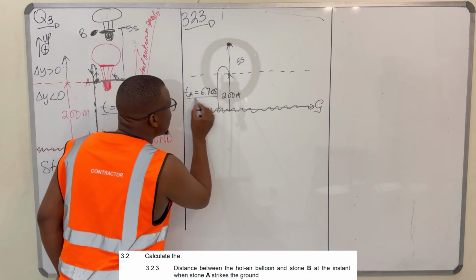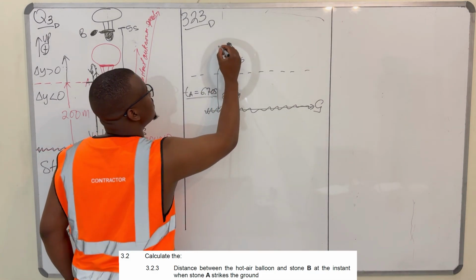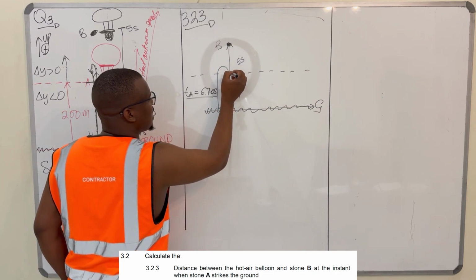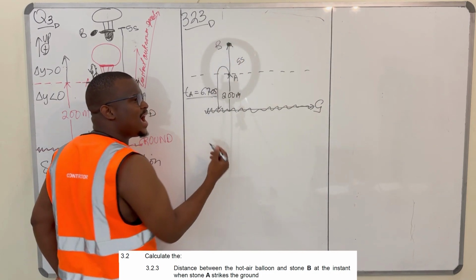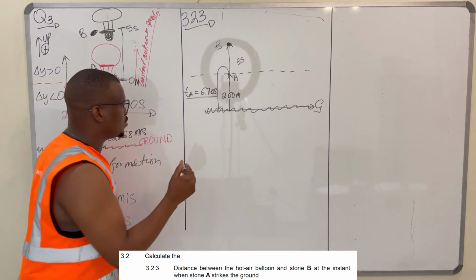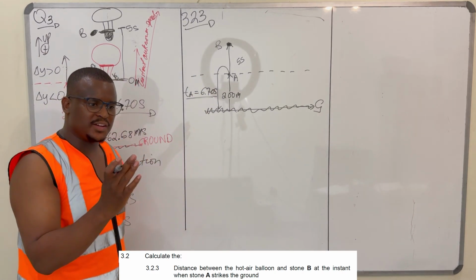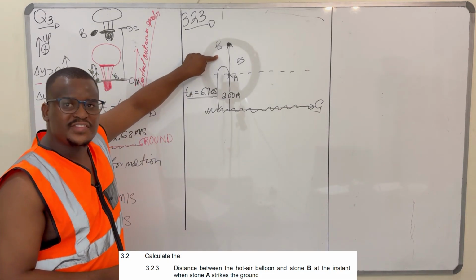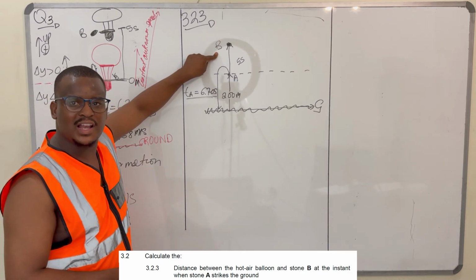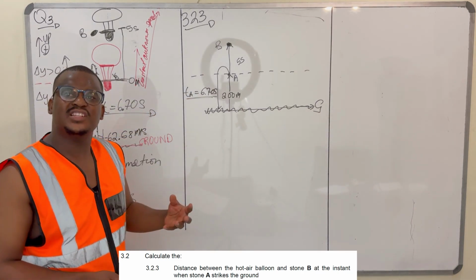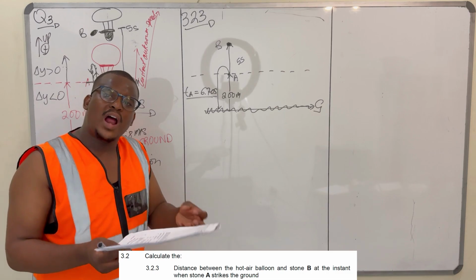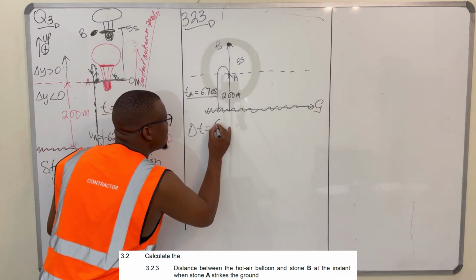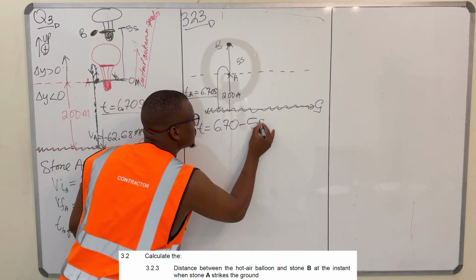So if stone B here and A here, if stone B is released 5 seconds later, by the time after 5 seconds when B is going to be released, stone A is left with only 1.7 seconds because your time will be 6.70 minus 5 seconds.